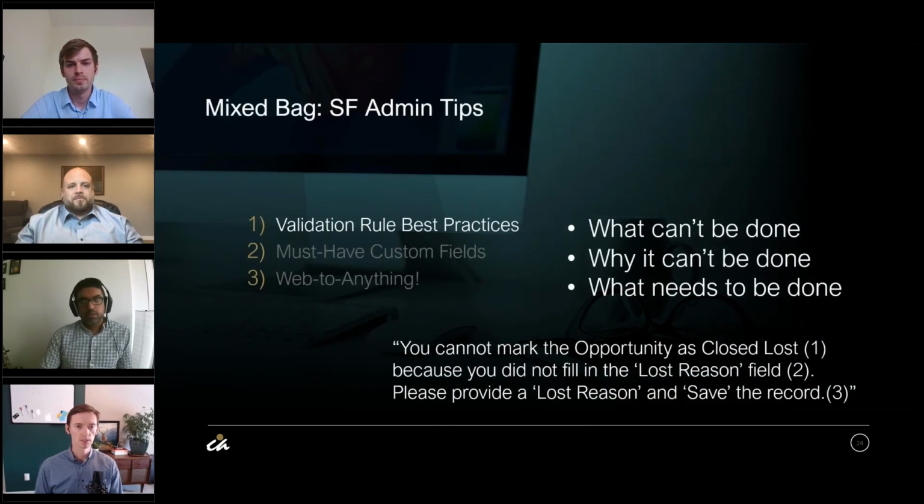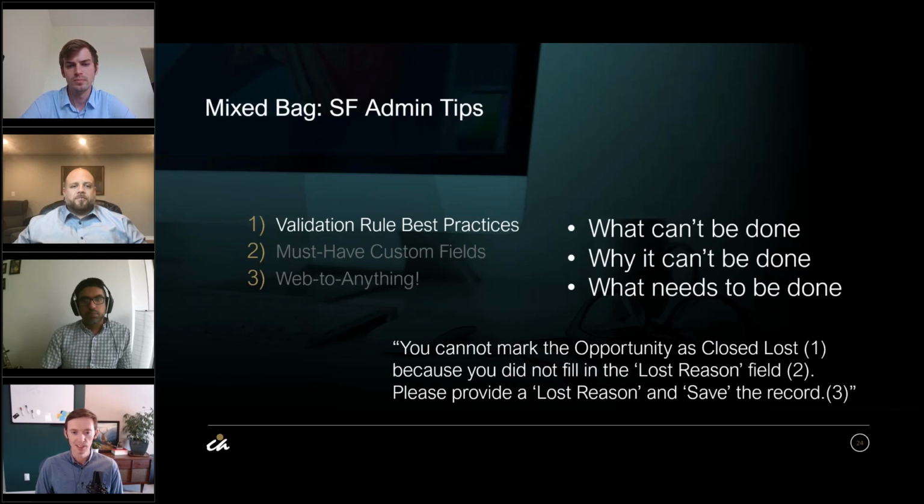Thank you very much. So as somebody who takes over or works within other clients' orgs frequently, validation rules are one of the most simple yet impactful business processes you can do well, and make for a better user experience.